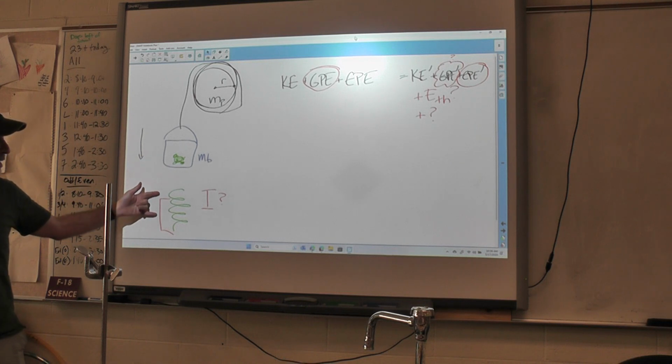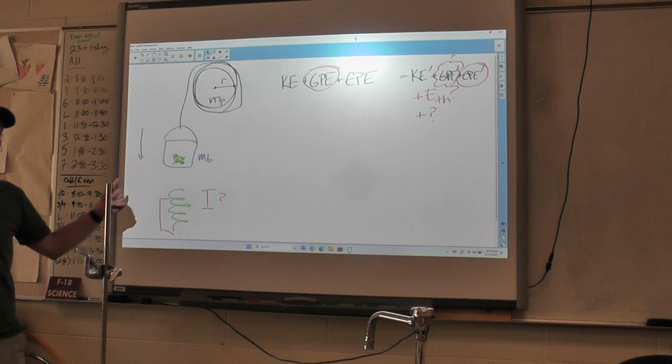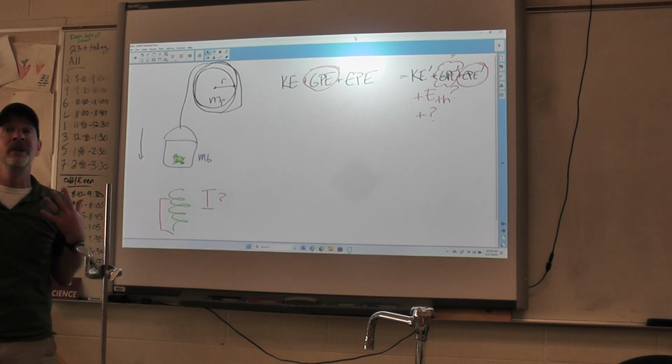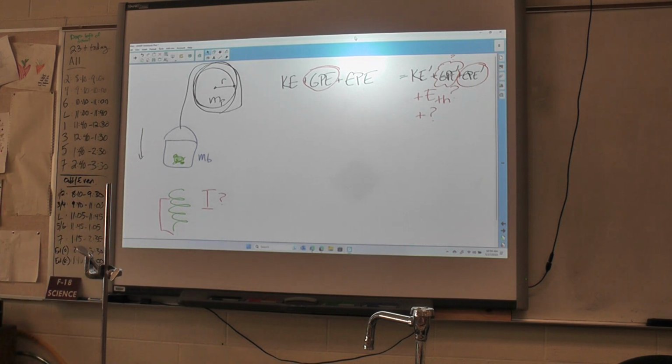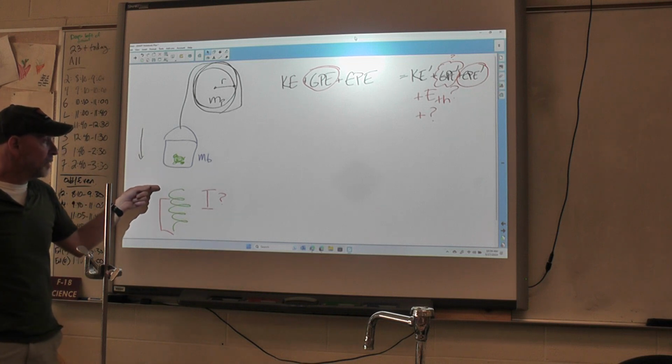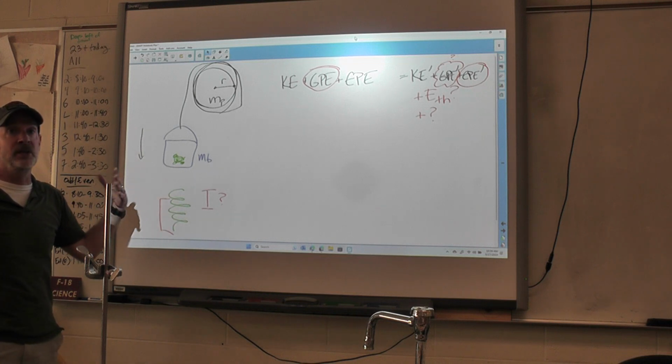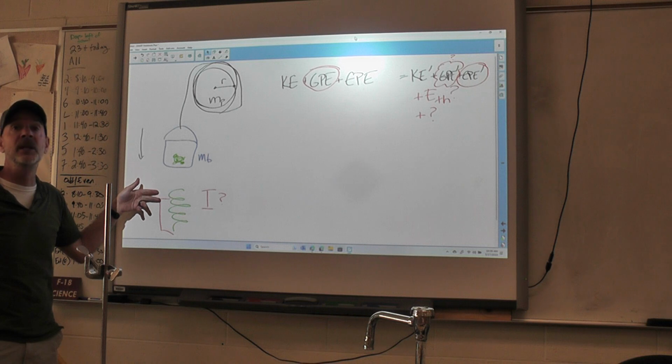Is it reasonable to think that the change in elevation is going to make up for that? Like it's going to be a little bit higher off the ground, is that going to make up for it? Well, not necessarily, because the change in elevation is potentially going to be minuscule, right?